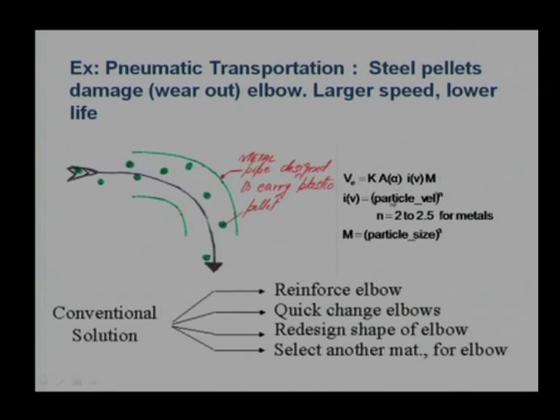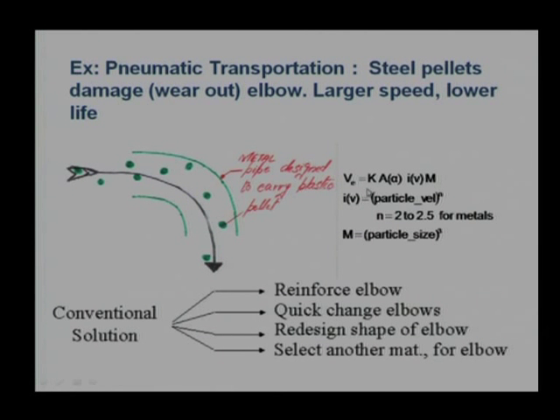Angle of impingement, initially we showed that redesigning the shape of the elbow can adjust it, but if I do not want to change that, alpha will remain the same. Velocity is changing because the input velocity is increasing, and M is increasing. So, with both of these increasing, the wear rate is going to increase. If I want to reduce the wear rate, I have to play with the k.